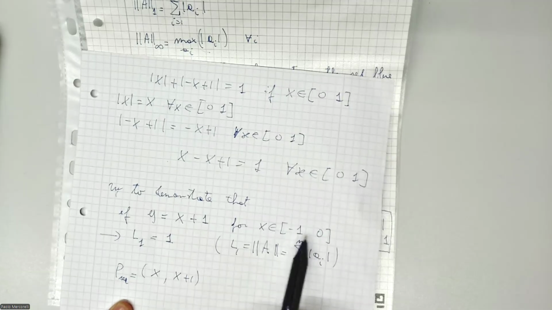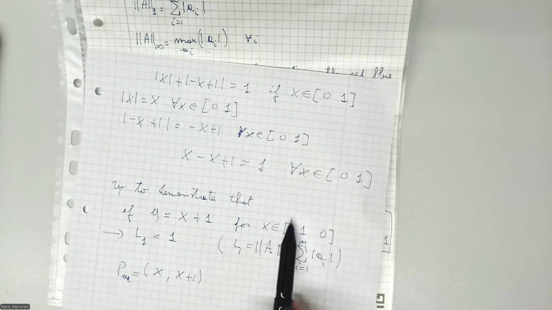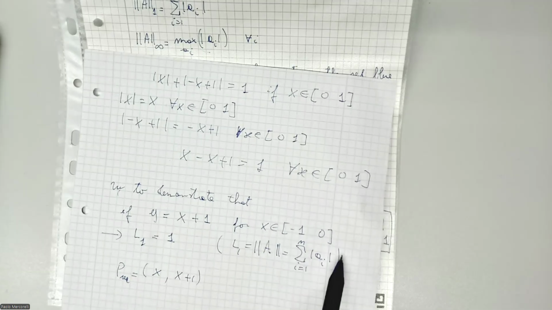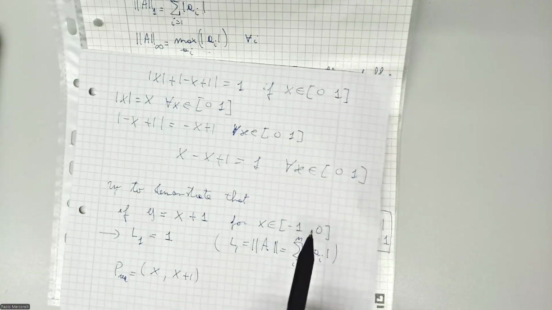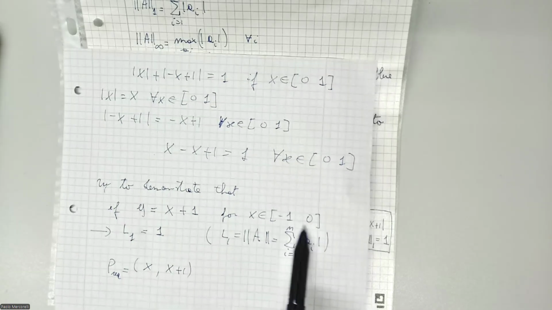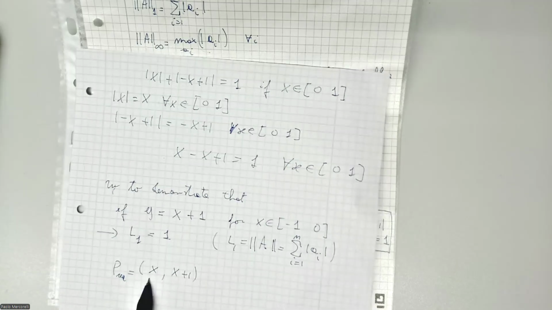And then you have just to think about the interval of x. But it's clear that it will be 1, because here we change the sign of the interval, but we also change the sign of the coordinate x, intuitively.